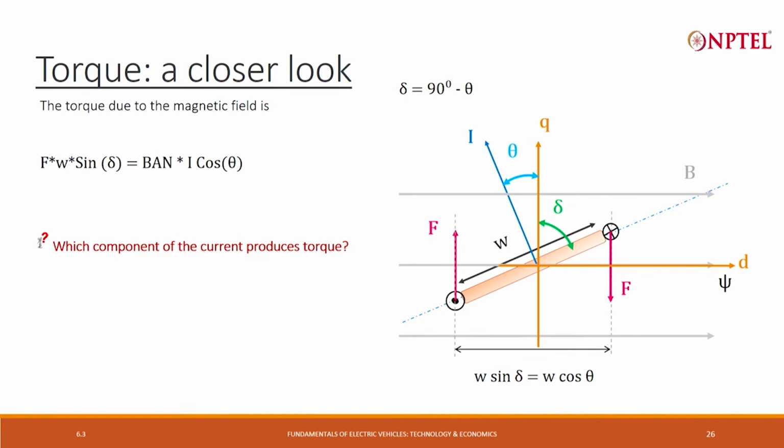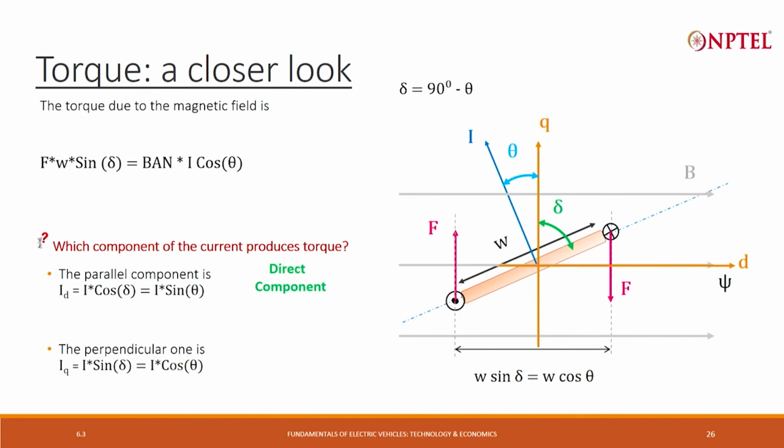The question I am asking you is, I can resolve the current in this diagram into two components: I cos theta, which is perpendicular to psi, and I sin theta, which is parallel to psi. What is parallel to psi?